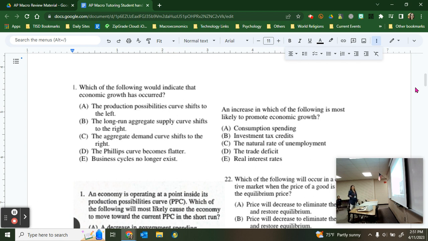So long run aggregate supply shifting to the right, which is letter B, is our answer choice. More spending, which is C, does not grow the economy. It grows inflation, sure, but that's like saying an inflationary gap is good. Let's have more inflationary gaps. No.